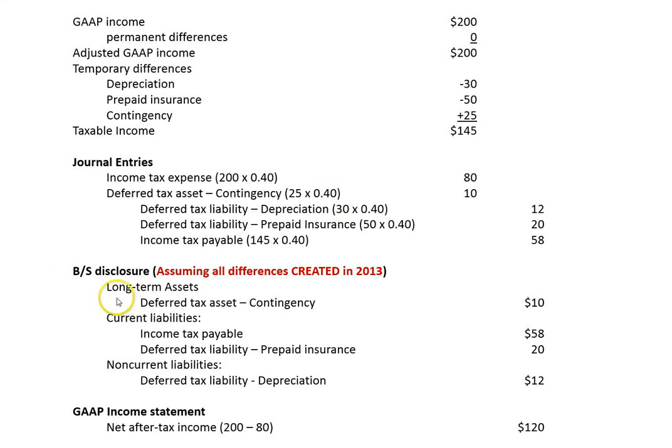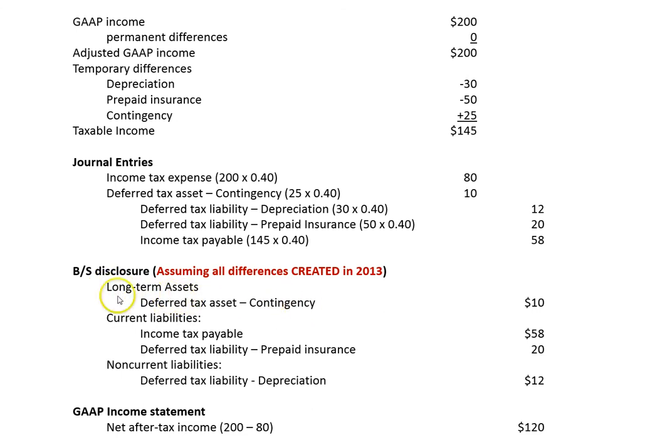And so I've just made the assumption here that that contingency is not going to be settled in 2014, but instead management believes that the contingency will be settled in 2015 or 16 or something like that. And so I've classified this as a long-term asset.